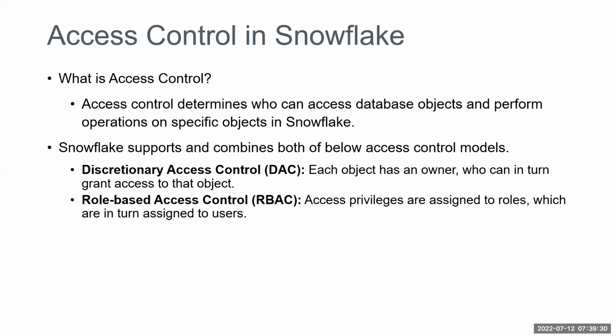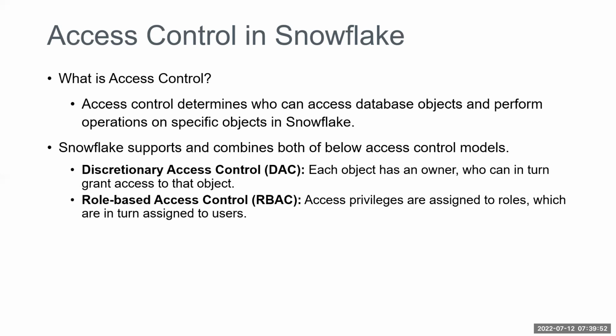So access control, we are granting the access, right? That is called giving the access to that user. So access control is nothing but specifying who can access those objects and who can modify or delete or drop those objects. Okay, how this is done in Snowflake, we will see today.